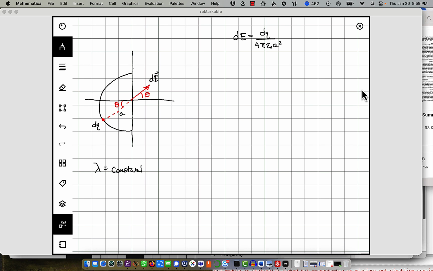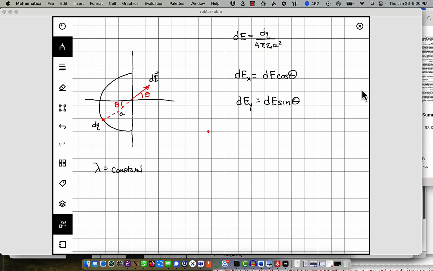Okay, so let's write some components. dEx is the magnitude dE times the cosine of theta, and dEy is the magnitude dE times the sine of theta. So that's our little triangle there. Okay, so let's see what we can do next.